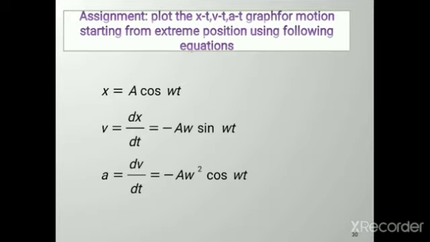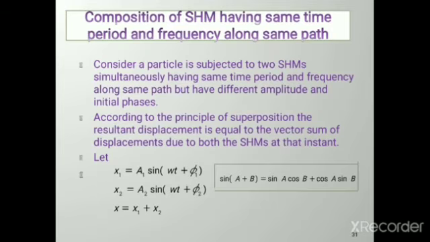So you have to prepare a table and again plot a graph of displacement versus t, velocity versus t, and acceleration versus t. So do your homework.